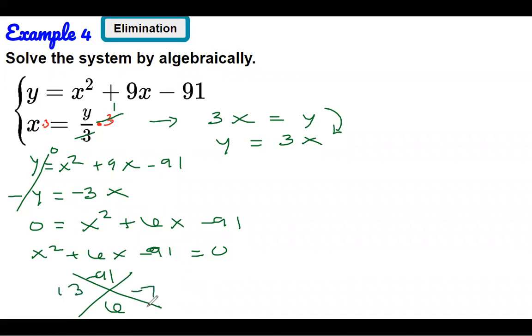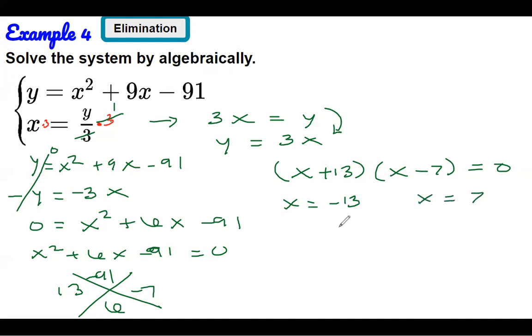That sounds about right, yeah. So what do my factors look like? x plus 13, x minus 7 equals 0. This part should be given. What does x equal? x equals negative 13, x equals positive 7.